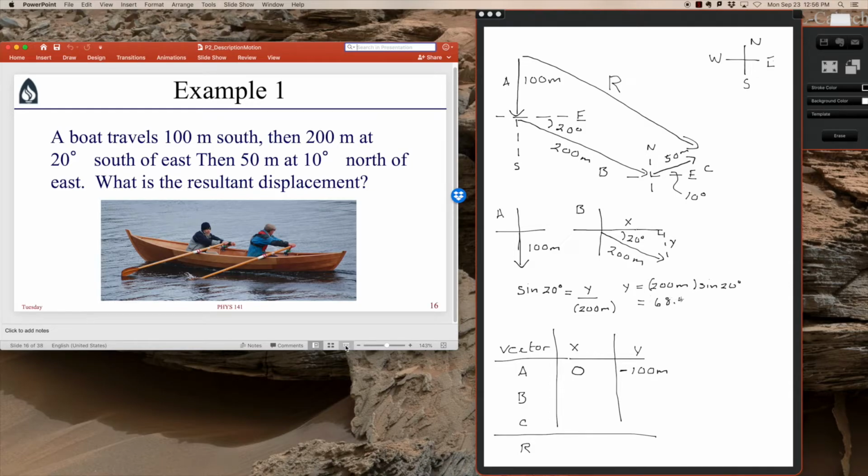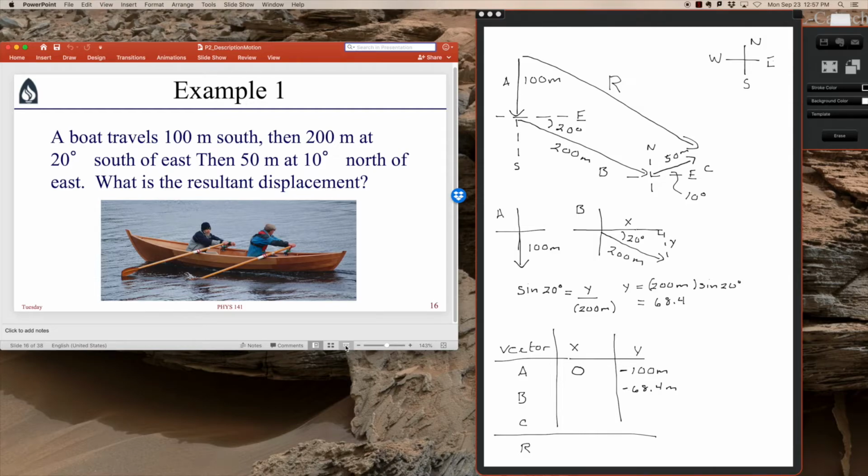Okay, so then I can put that into my table. The y component has a length of 68.4 meters, but then I'll notice that it's in the negative y direction. The b vector is pointing below the x-axis. It's pointing in the negative y direction, so I'd better put a minus sign here.